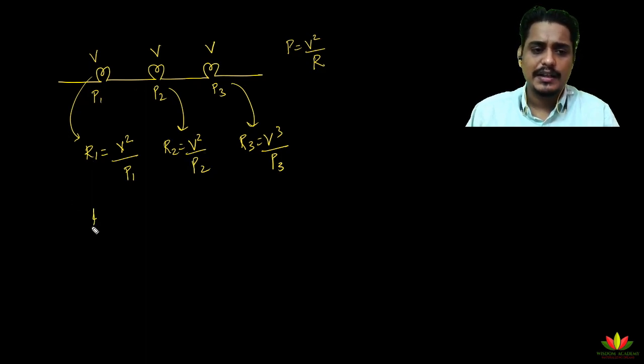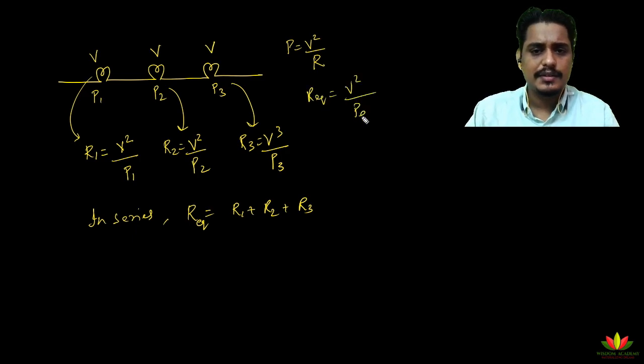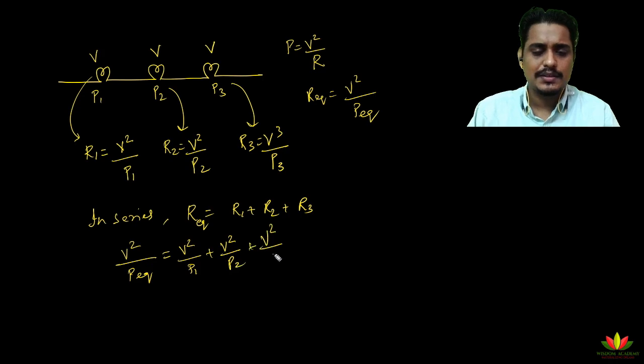And we know that in series, the resistances are added. So the net resistance R will be equal to R1 plus R2 plus R3. R equivalent will also be equal to V square by P equivalent. So V square by P equivalent is equal to V square by P1 plus V square by P2 plus V square by P3.